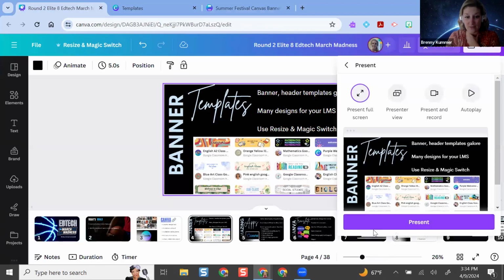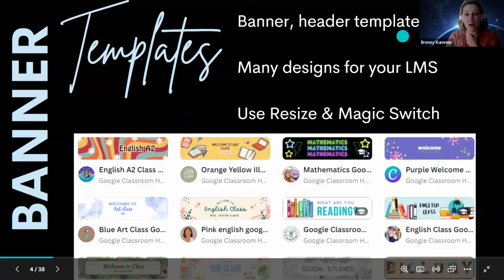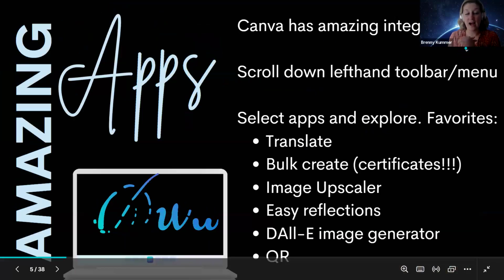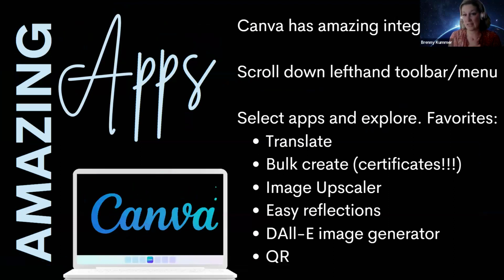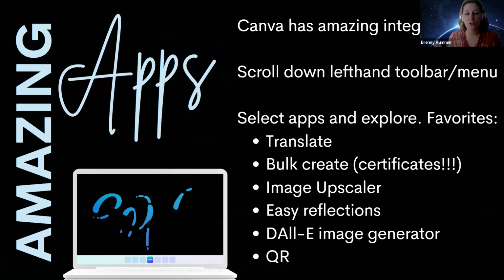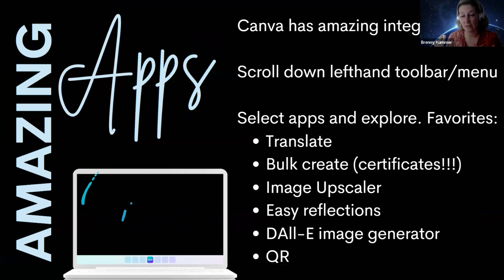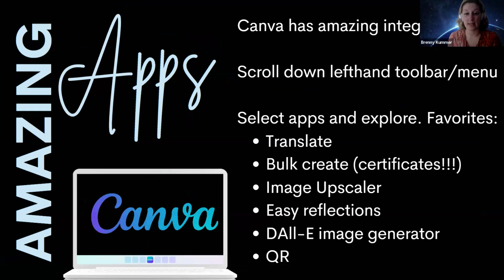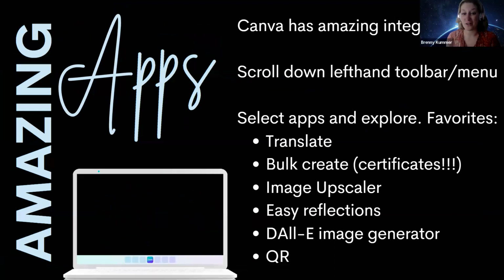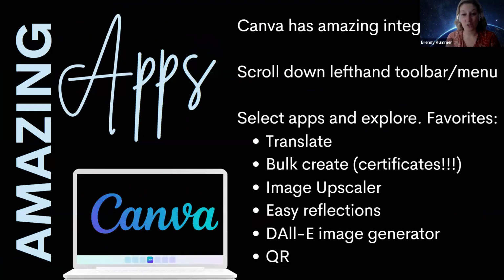Additional Canva tools besides templates are kind of a hidden thing that I just started to tinker with more recently, in the last few months, and that is some of these different applications that can be added to your Canva account and provide additional features and functions. One of those that's super popular is the Translate feature in Canva, which I'll show you here in a second. But there are also amazing ones on here for creating AI-generated art.